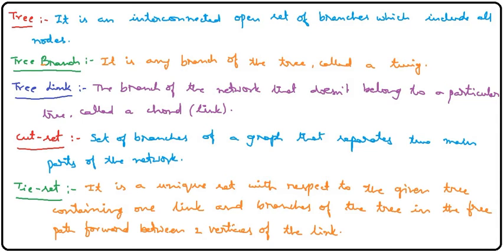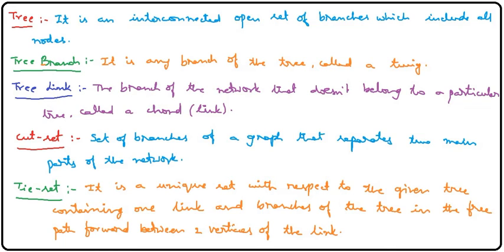Each node has to be connected, and with those nodes you create an open set of branches. All nodes should be included, but some branches have to be removed to make the set open, so there is no closed path, no loop in that graph. That is called a tree.